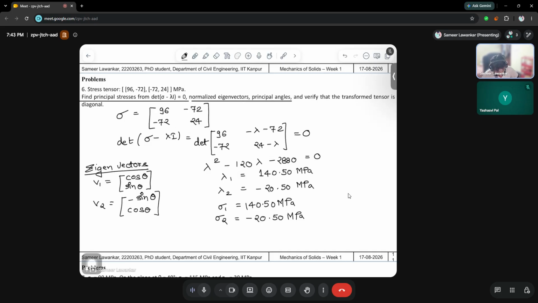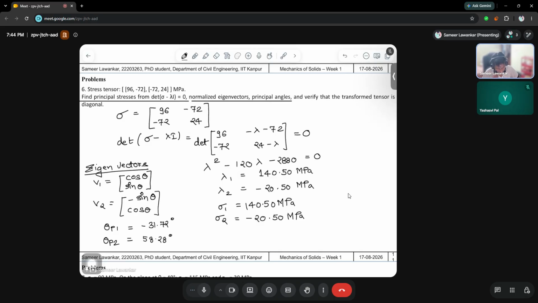Now when you use eigenvectors with this, you can get theta p1 and theta p2. So theta p1 is basically minus 31.72 degrees and theta p2 is basically 58.28 degrees.